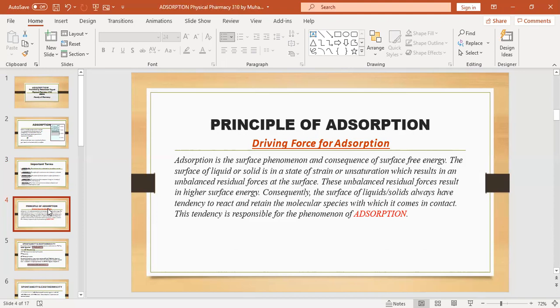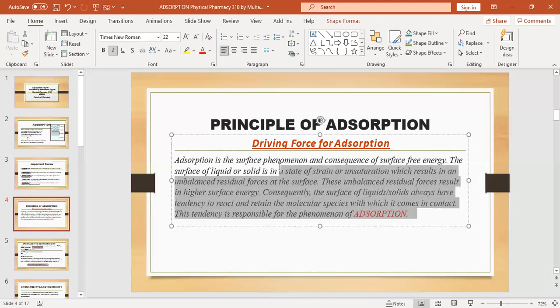The surface of a liquid or solid is in a state of strain or unsaturation, which results in unbalanced residual forces at the surface. These unbalanced residual forces result in higher surface energy. Consequently, the surfaces of liquids and solids always have a tendency to react with and retain the molecular species with which they come in contact. This tendency is responsible for the phenomenon of adsorption.